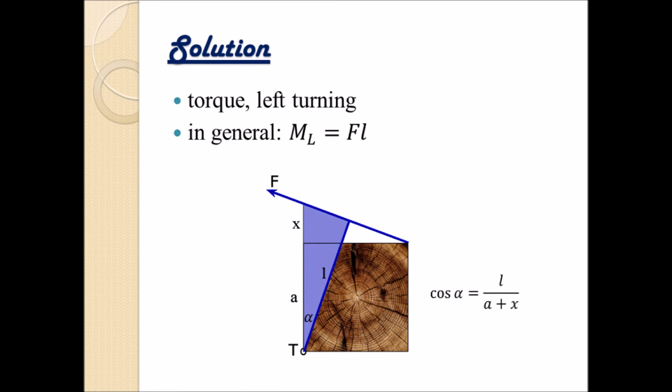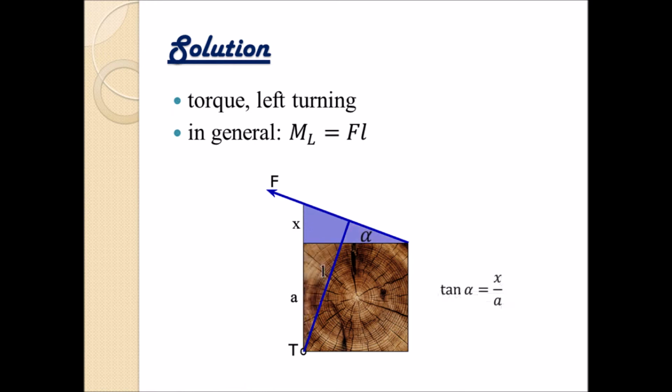Well, yes, this doesn't really help us, does it? Because we can calculate the cosine of alpha as L divided by a plus x, but we wanted to get L in order to calculate our left turning torque, and now we've substituted the unknown value L by the unknown value x. So no, this doesn't really help us, but what if we also substitute x?